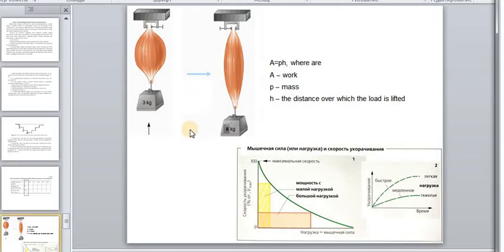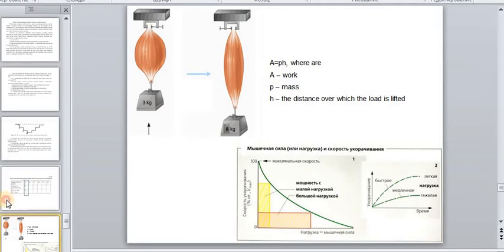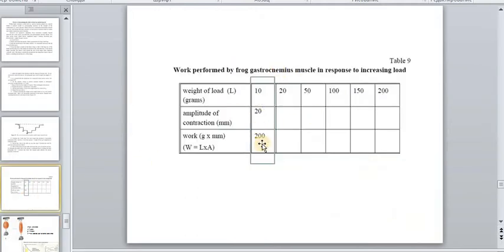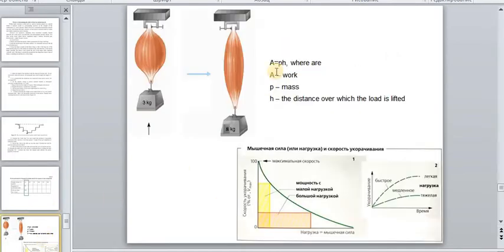You have an example in the table here, and next there is a special formula here. The work of the muscle is determined by the mass of the load raised at a height. So next slide.